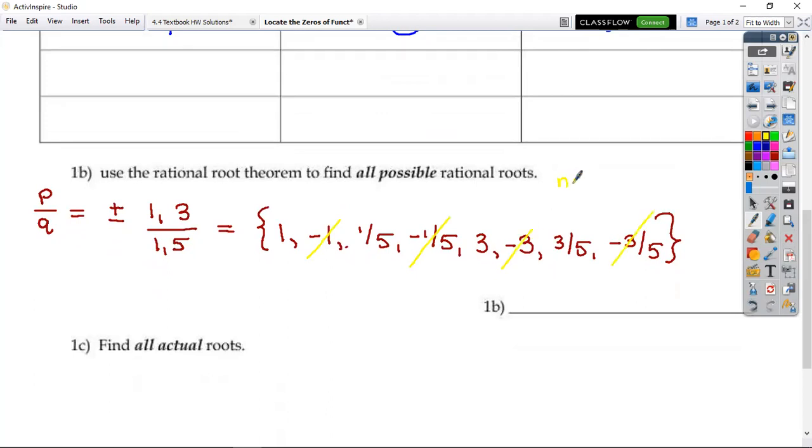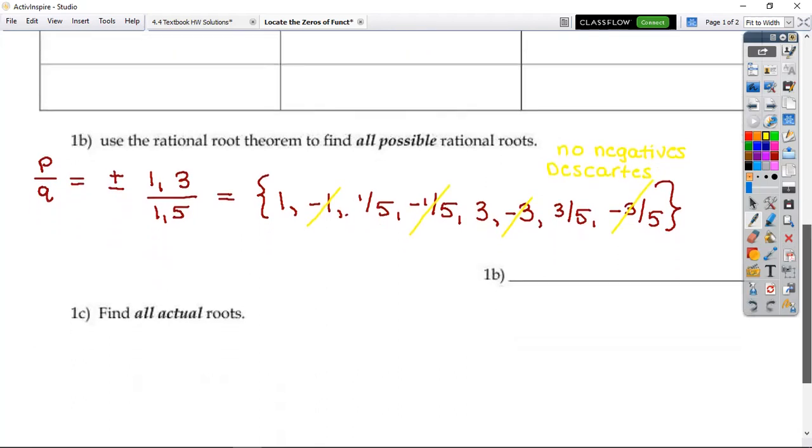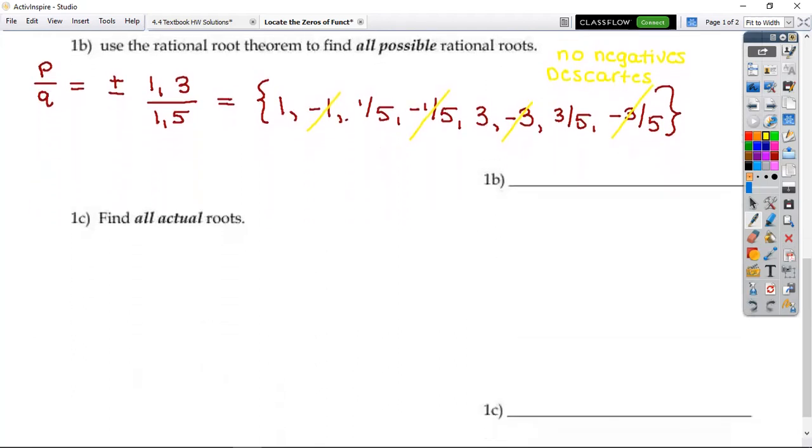Because we had no negatives. And again, you're only going to know that if you apply that rule. So now what remains is, what do we have? 4 of these? Okay. So now you're going to check and see of these 4, which ones actually work.